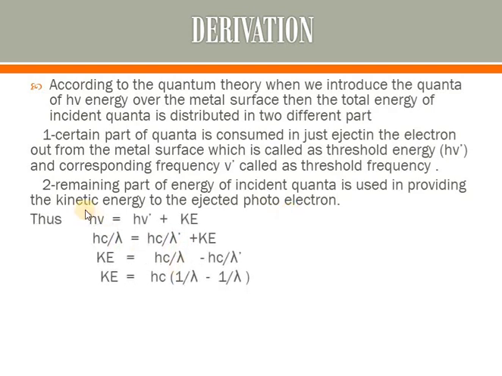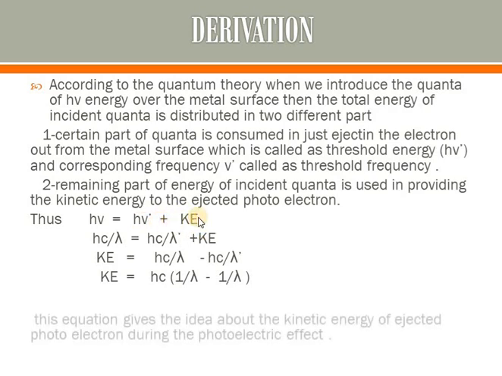So hν, the total energy of the incident quanta, will be distributed in two different parts. hν₀ is called the threshold energy, which is just sufficient energy to eject the electron from the metal surface, and the remaining amount of energy will provide the kinetic energy.